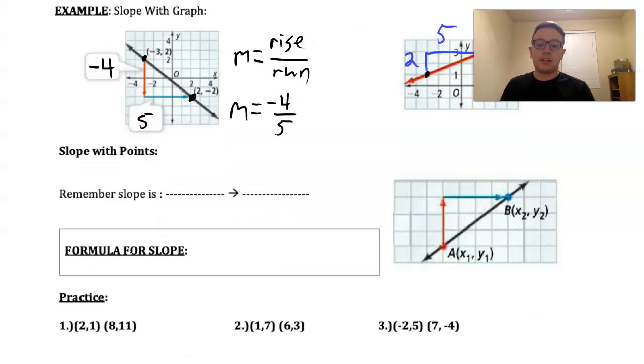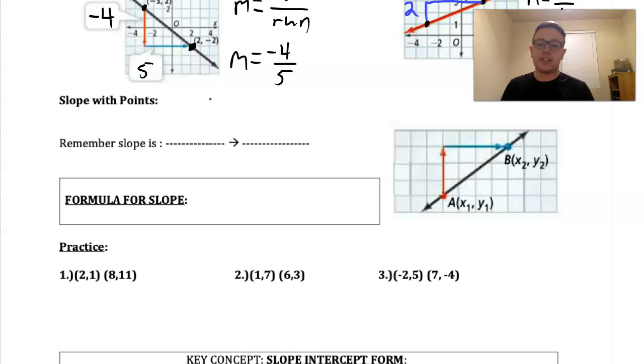Our slope, if we're dealing with points instead of graphs, we said it's rise over run. But what is rise? Our rise is our change in y over our change in x, right? Run is how much we're changing in x. Rise is how much we're changing in y.